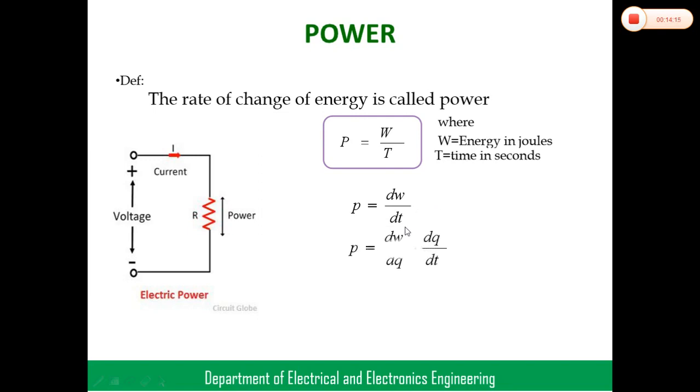From this, dW by dt can be written as dW by dq into dq by dt. We can cancel dq, and it becomes dW by dt only.